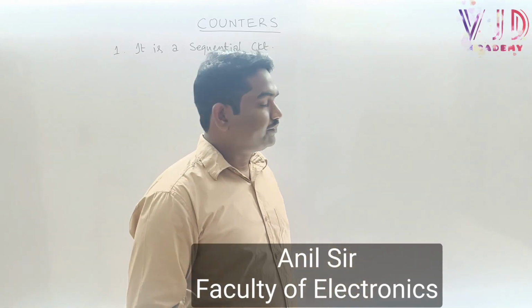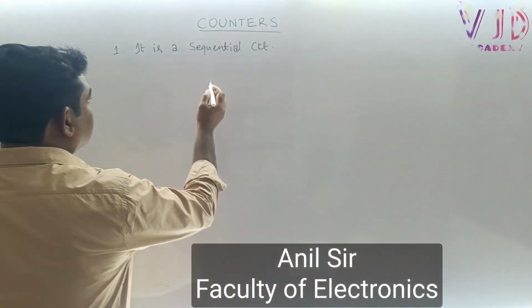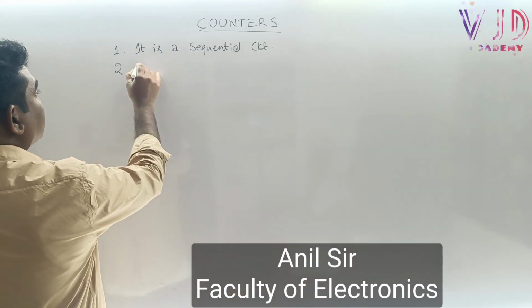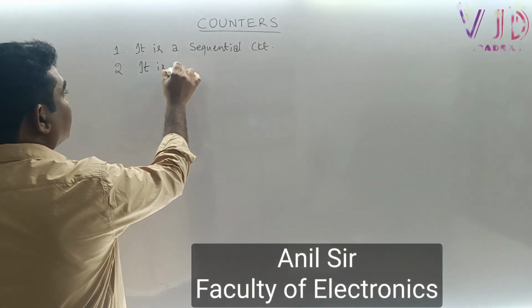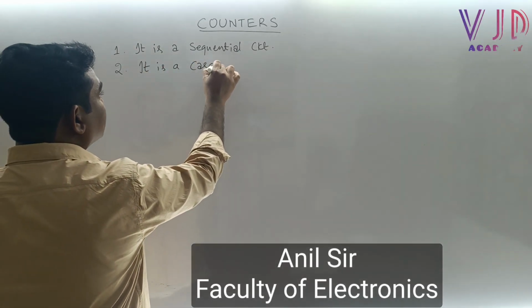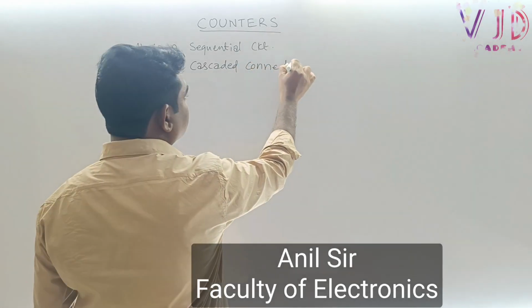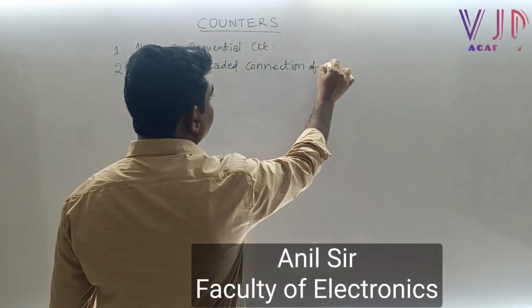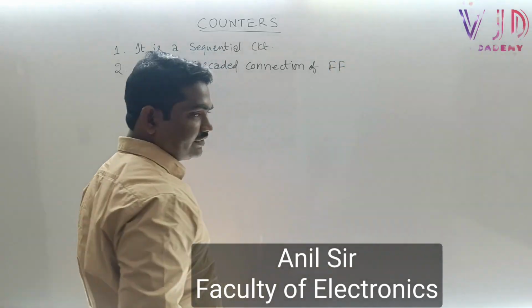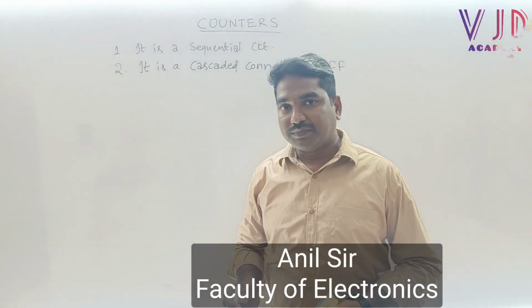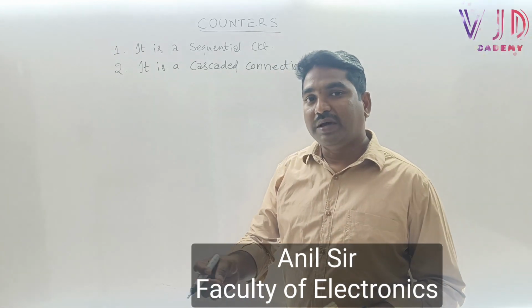Let me try to explain. The second point I want to write: it is a cascaded connection of flip-flops, which means we will connect a number of flip-flops one by one.